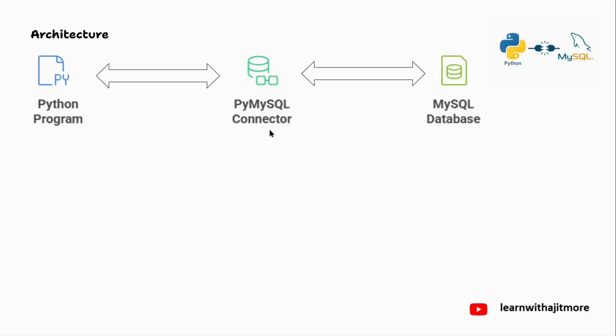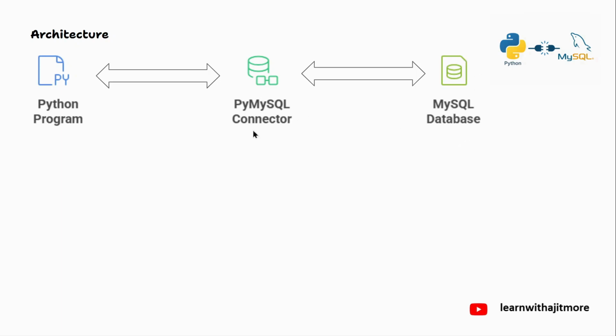And it is not that difficult. Using the pip command, you can download and install. We have seen it with NumPy, Pandas, and all. Yes or no? We installed NumPy, we installed Pandas. In the same way, using the pip command, you can install this PyMySQL connector. So the main one is your application, then this connector, that is the library developed by Python people as a Python library for MySQL connectivity, and your MySQL database management system.